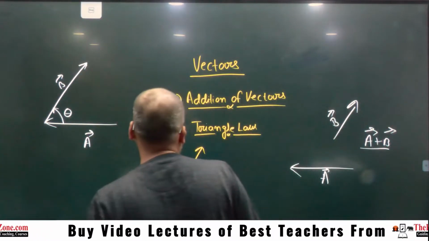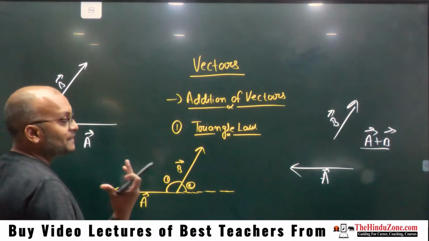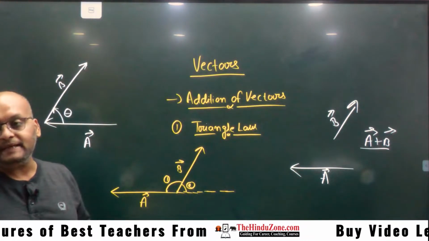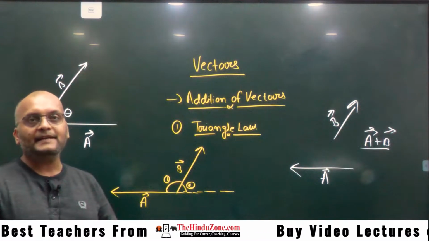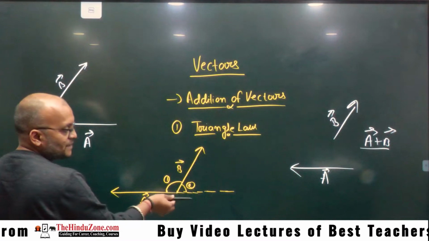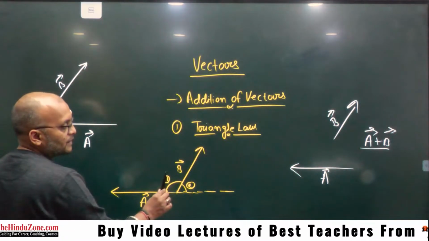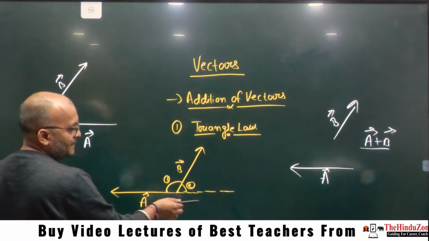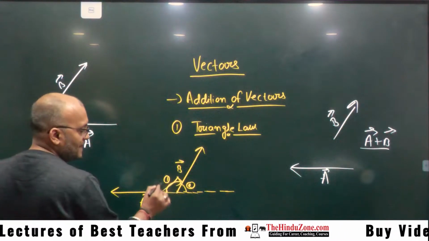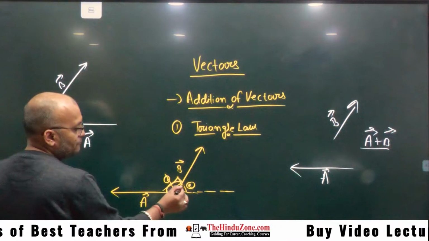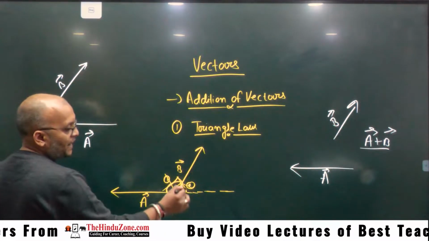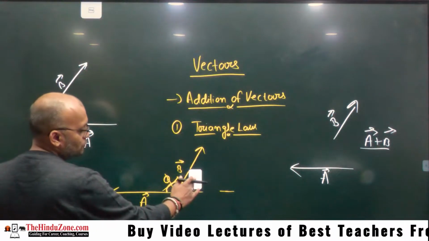I have told one thing in our class that according to maths, angle will always be taken in the anti-clockwise direction. Is this the anti-clockwise direction? Yes or no? No. Manal, Shireen, is it anti-clockwise angle 1? No, it is clockwise. So this angle will not be taken. Then which will be taken? Anti-clockwise, this one. So angle 2 will be theta. Yes or no?